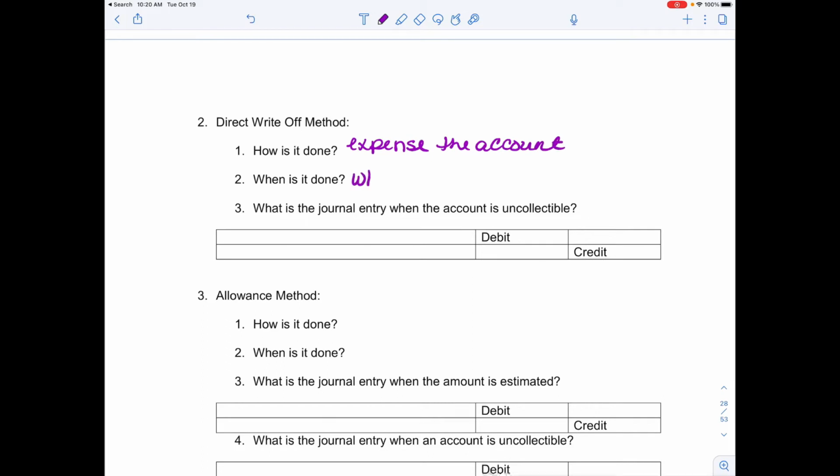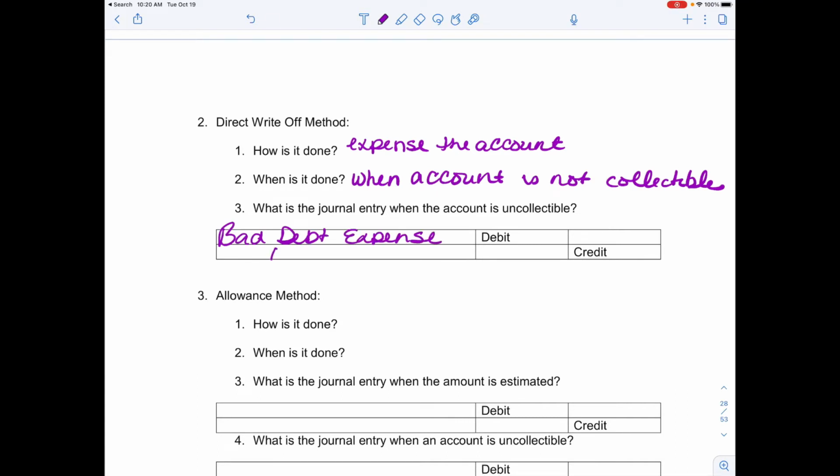When we realize it's not collectible. And when we do realize the account is not collectible, we're going to expense that account. We use an account called bad debt expense. We'll debit that, and we'll credit the account receivable.